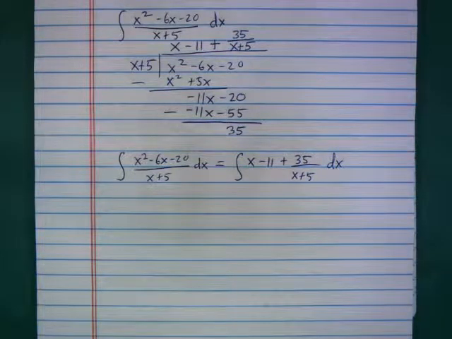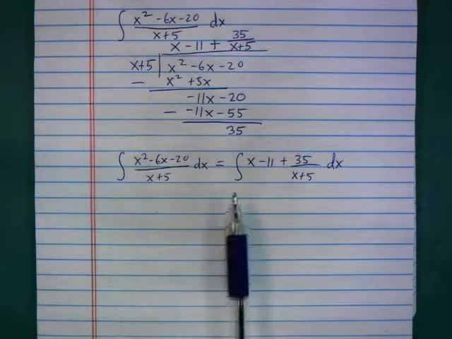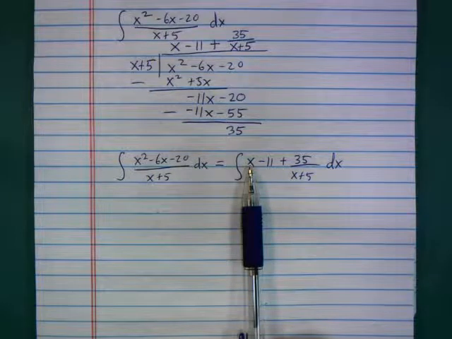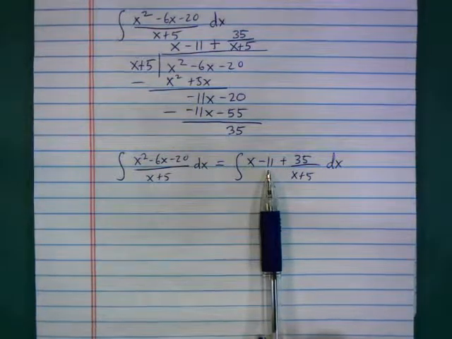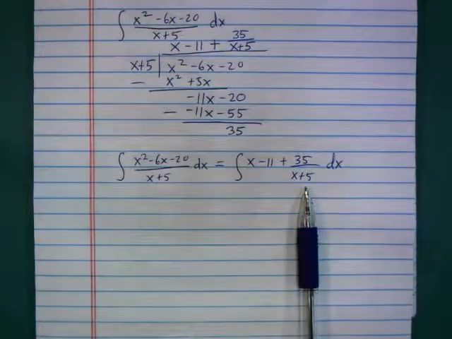Most of that integral is very good. Can you find the antiderivative of x? Yes, it's x squared over 2. Can you find the antiderivative of 11? 11x. Can you find the antiderivative of 35 over x plus 5? Not directly, but now you have to use u substitution.